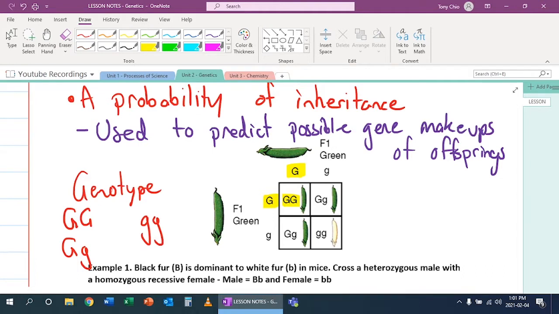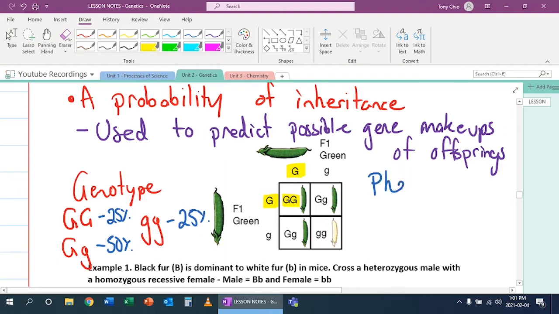Now, with regards to that though, what you also see is the probability. These are 25% chances. So the probability of offspring inheriting two capital G's is 25%. Probability of inheriting capital G lowercase g, heterozygous, is 50%. And then two lowercase g's is 25%.